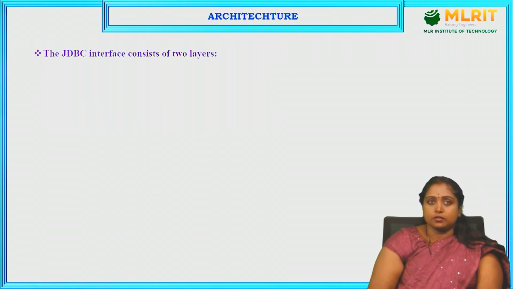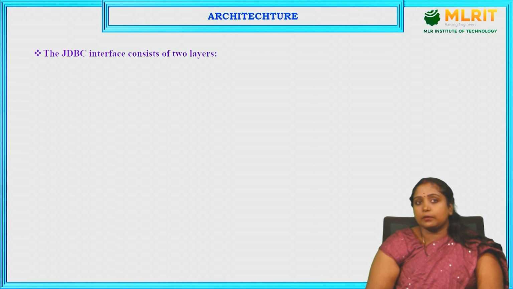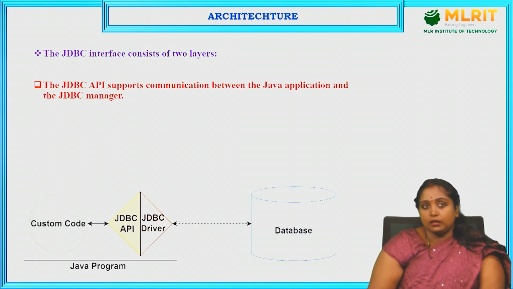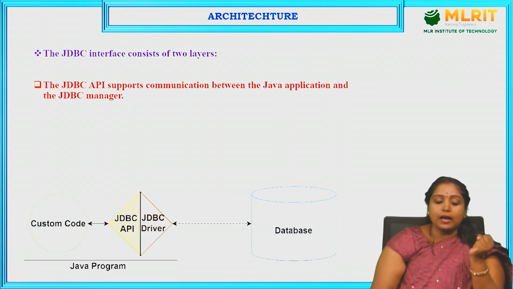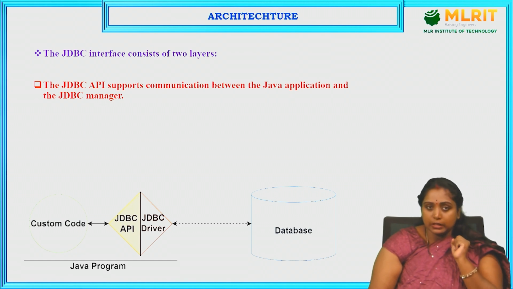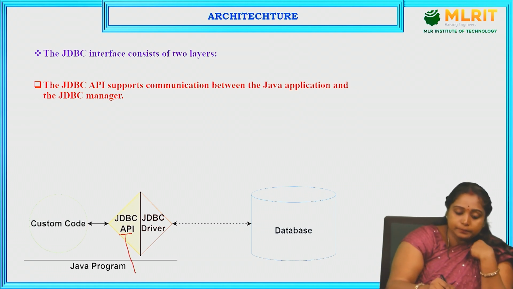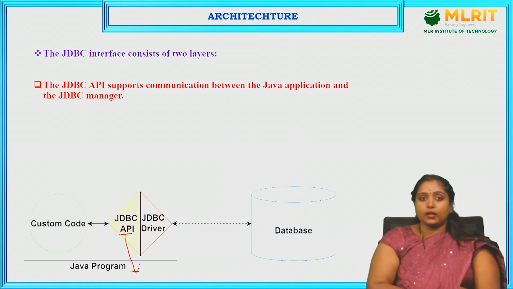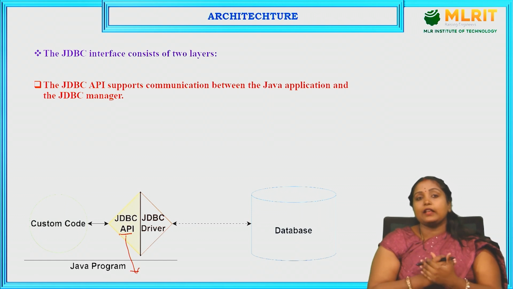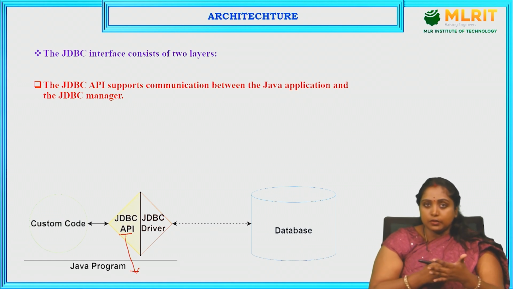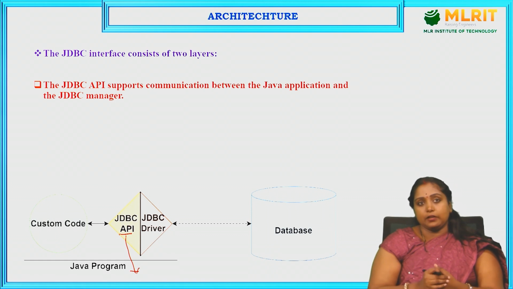Coming to the architecture. Here the Java database interface consists of two layers. The first one is the JDBC API, which supports communication between the Java application and the JDBC manager. What is an application programming interface? It's the Java API, the interface, the GUI you are going to see, which should act in between the Java application and the JDBC manager.